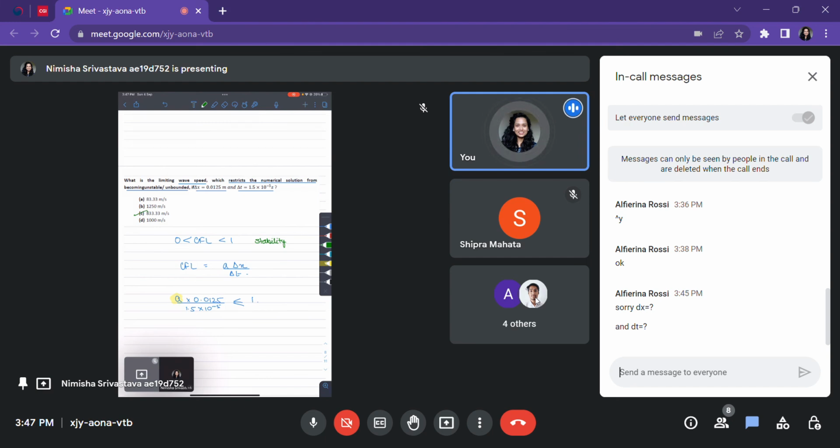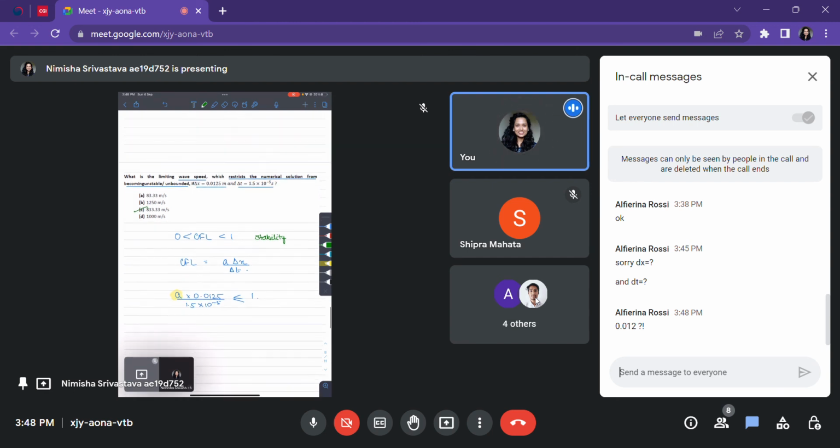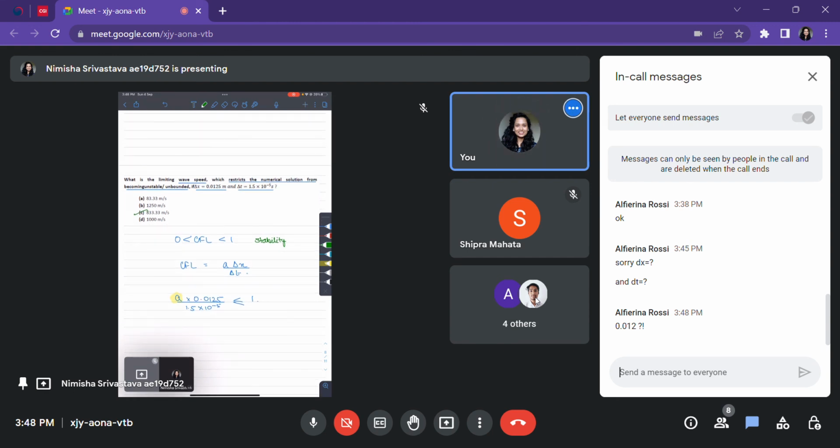Please answer in the chat box. This was a fairly easy computation. No, this is 10 to the power minus 5, Alfrina. Why are we not getting the correct answer for this?